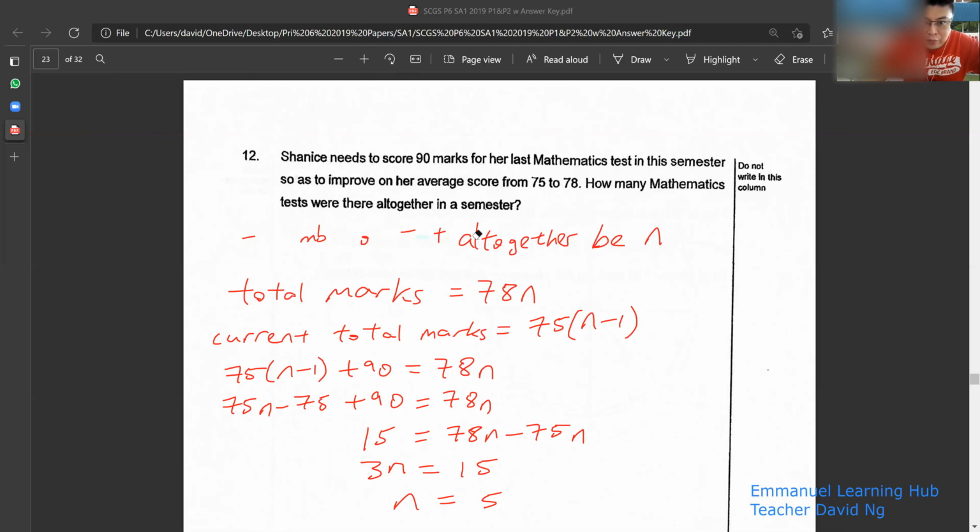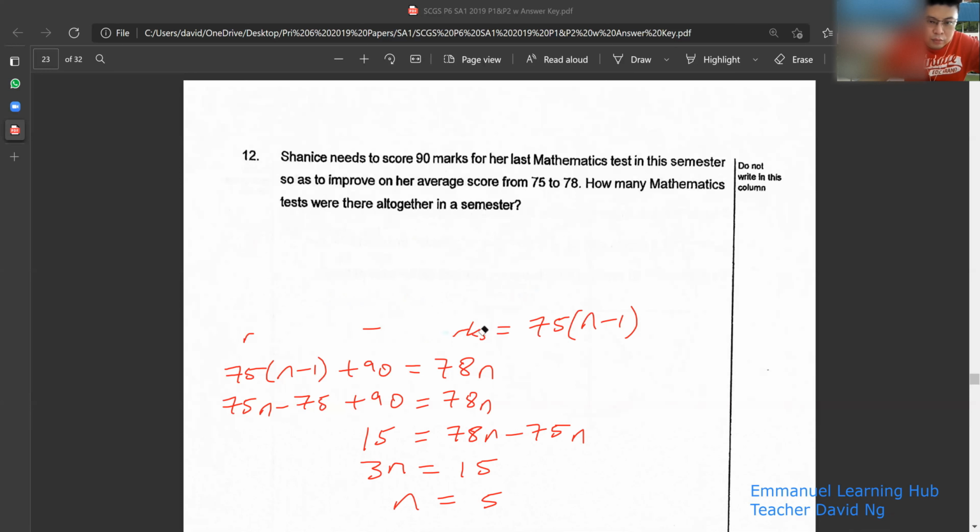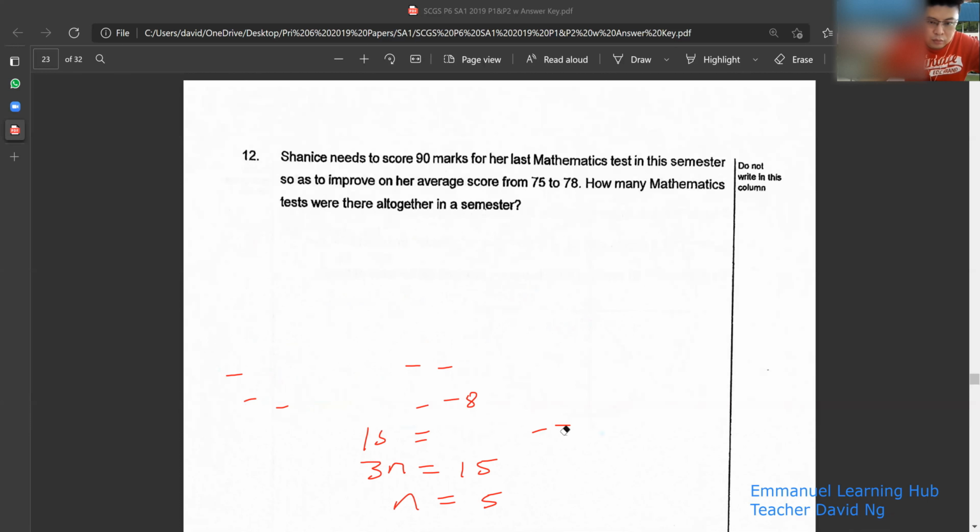Okay, the other method, right? It's a bit silly lah, because you're trying not to use algebra.